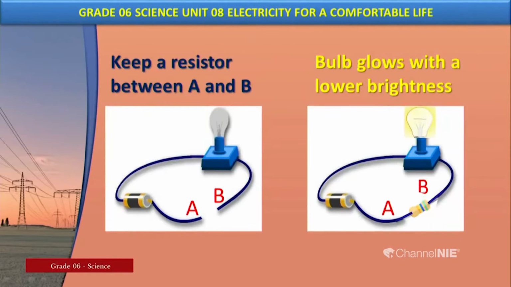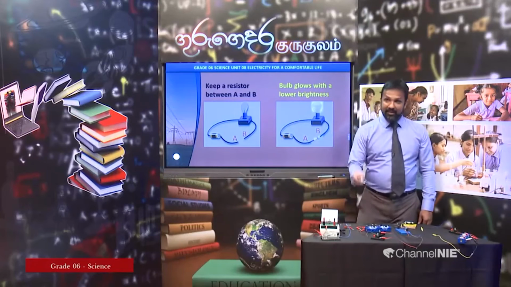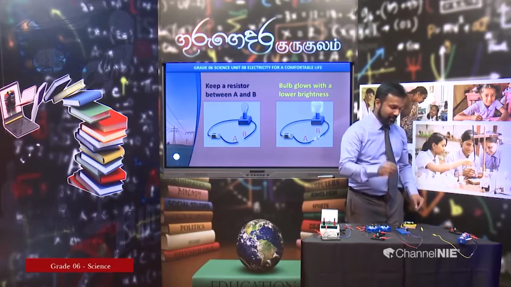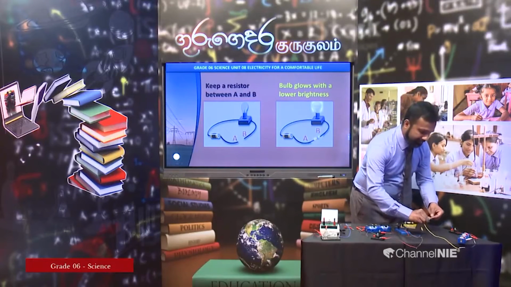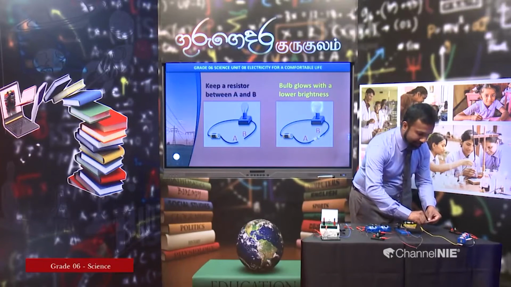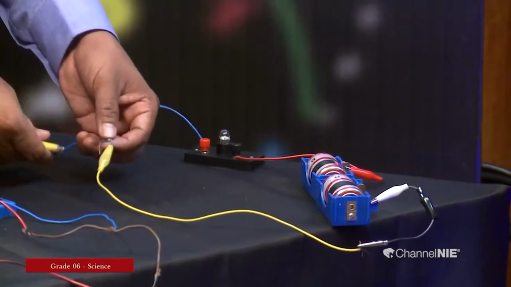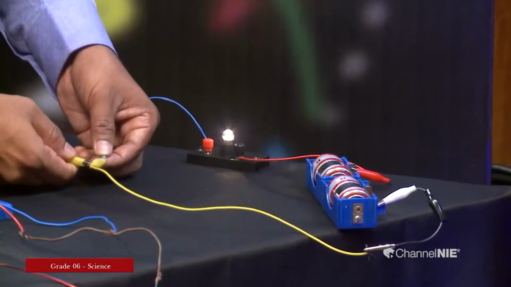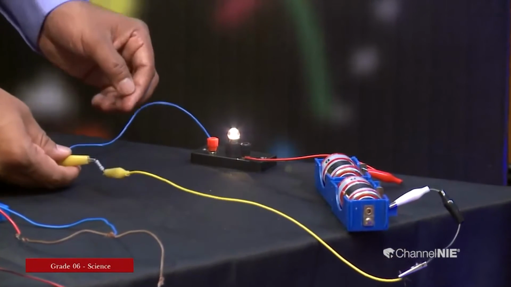Now, I am going to keep a resistor between A and B. As shown in this picture, I am going to arrange the circuit and keep a resistor between A and B. This is a resistor. I am going to connect the 2 ends of the resistor to the 2 ends of the dry cell.